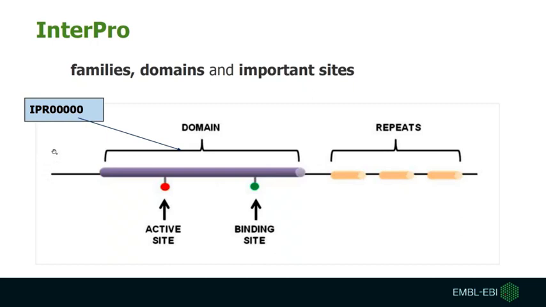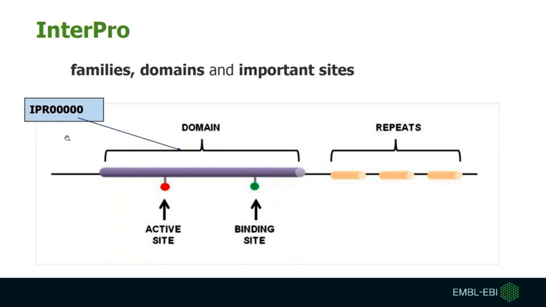So for example, if it can find a region that would be classified as a domain, InterPro would give an InterPro ID, which we call an InterPro entry, for that particular domain, and it would give further information about the function of that particular domain.